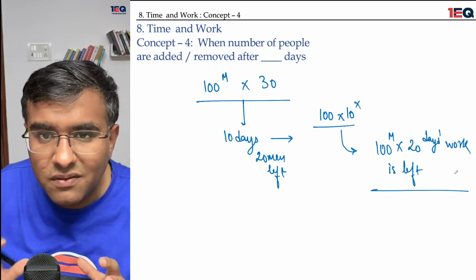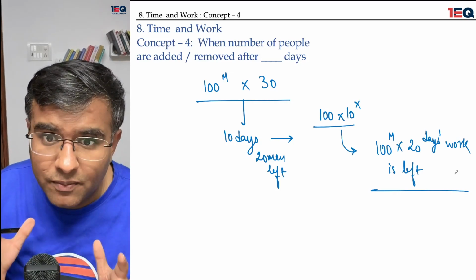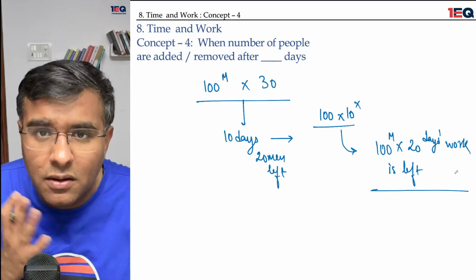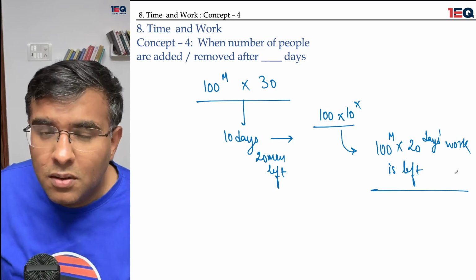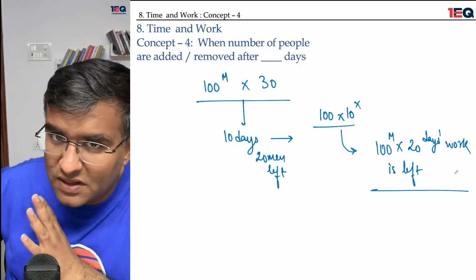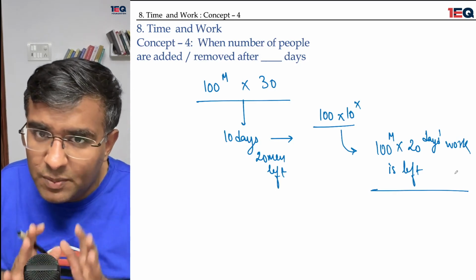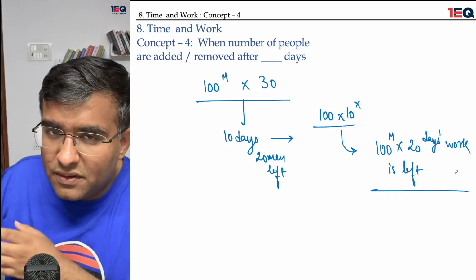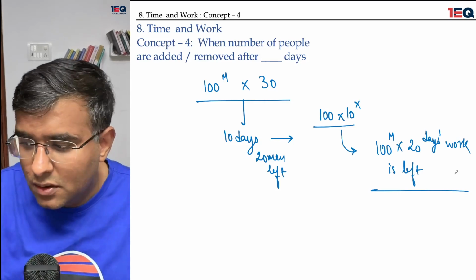Only focus on the work which is left. I hope you get my point. Do not focus on the work which has already been done, because you don't know how big the total work would become because of people going away. So it's better that you see, okay, this much work is left, I need to finish only this much. Got it? Whenever people leave, do not think about the ones who have gone back in the past. Only think of the ones who are going to come in the future. Got it? Moving on.